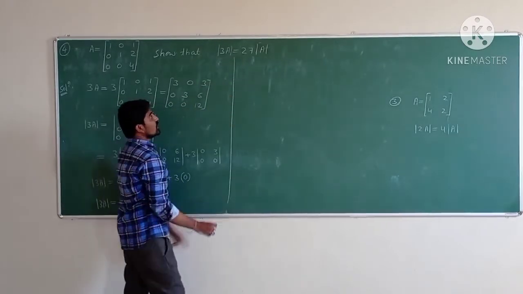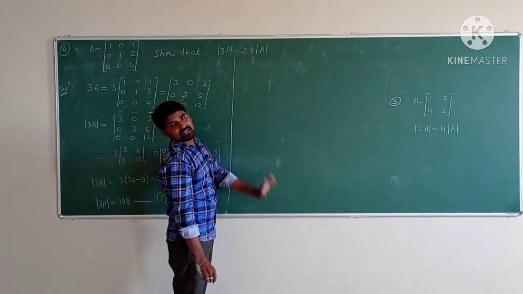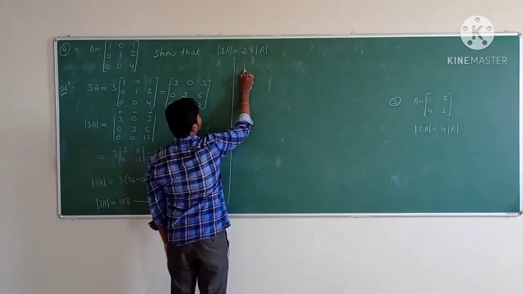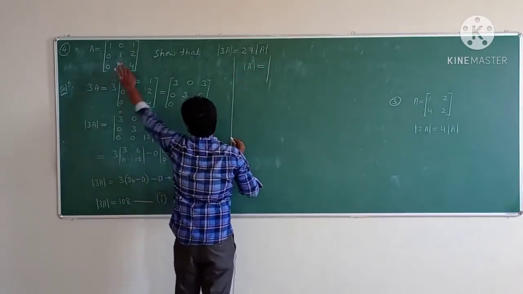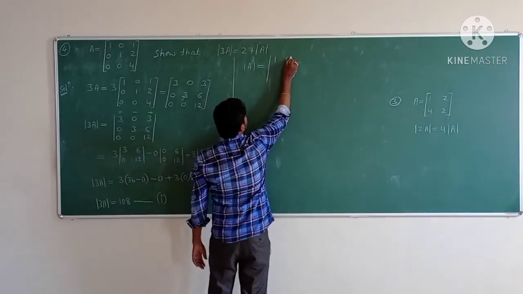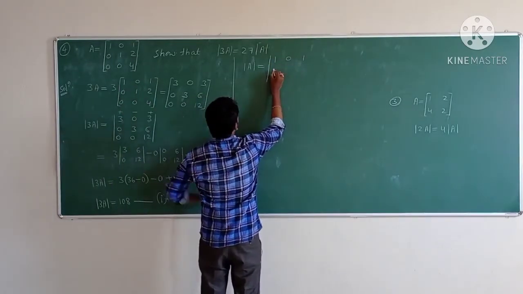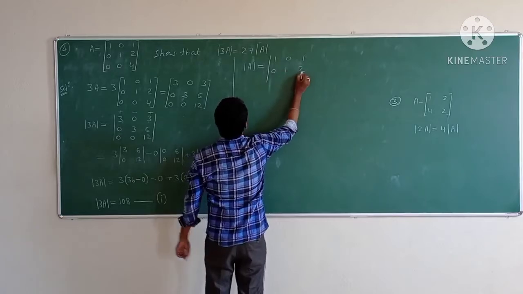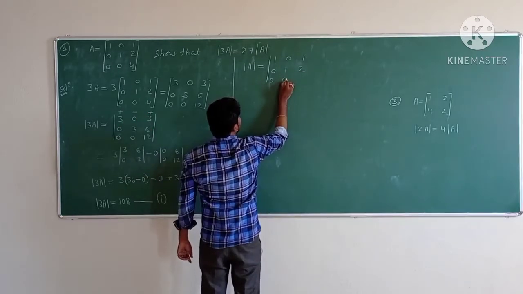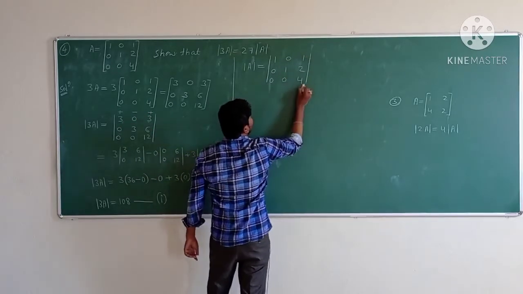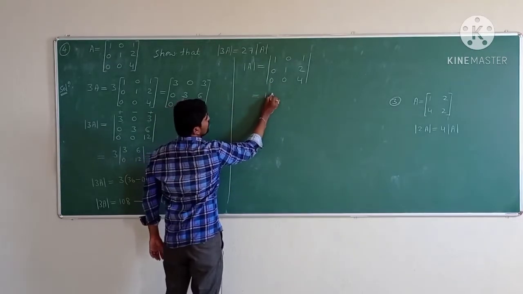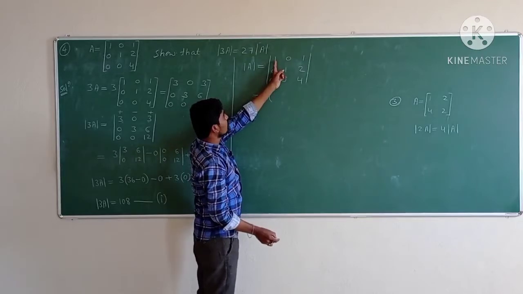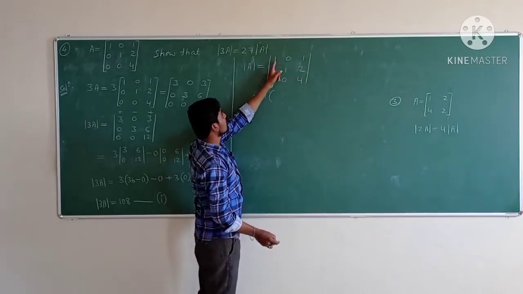Next we need to find the value of 27 into determinant of A. So for that, first we find the value of determinant of A. Determinant of 1 0 1, 1 0 1, 0 1 0, 1 and next 0 0 4, which is equal to 1 into, 1 is present in first row, first column.